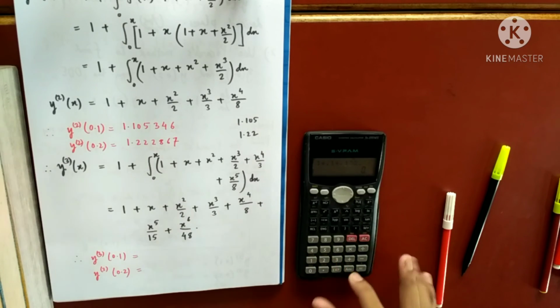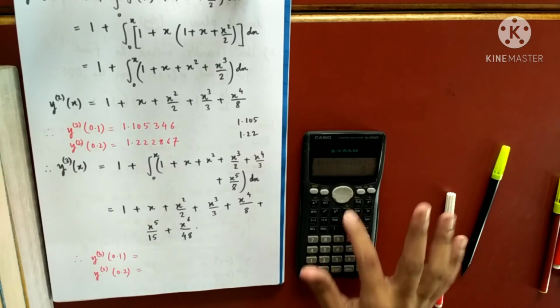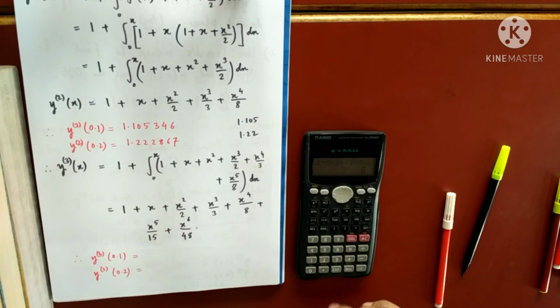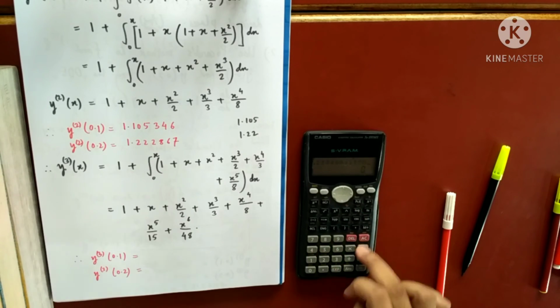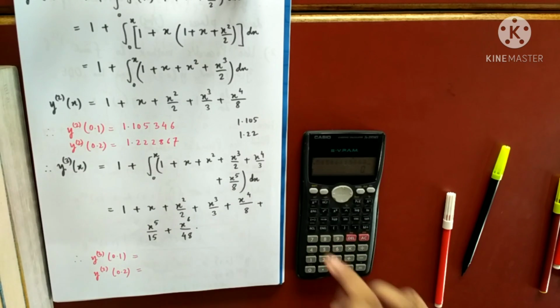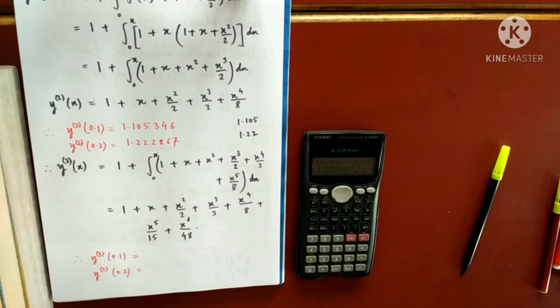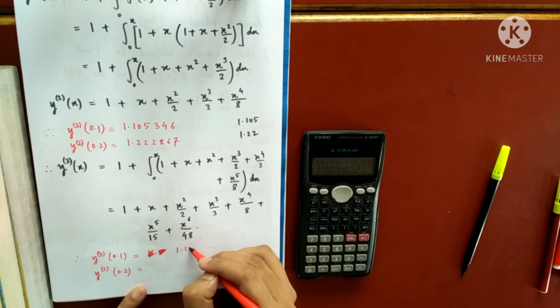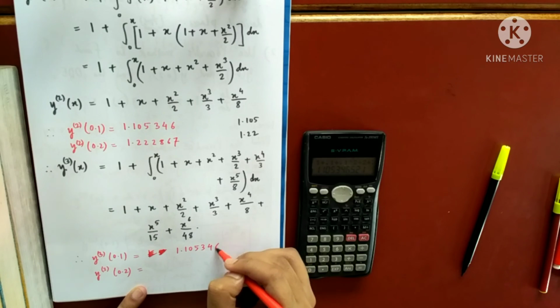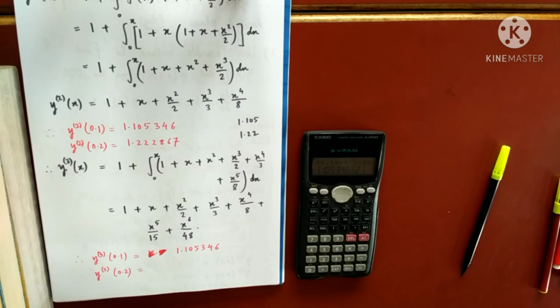So what am I getting? 1 plus x is 0.1 plus 0.1 square by 2 plus 0.1 cube by 3 plus 0.1 to the power 4 by 8 plus 0.1 to the power 5 by 15 plus 0.1 to the power 6 by 48. I am getting 1.10536.